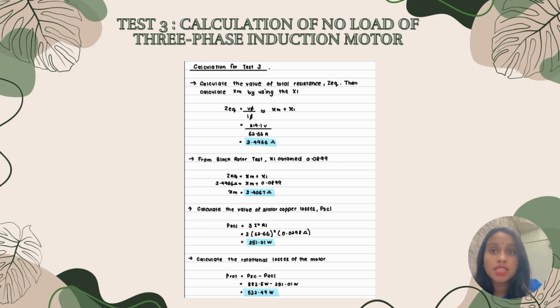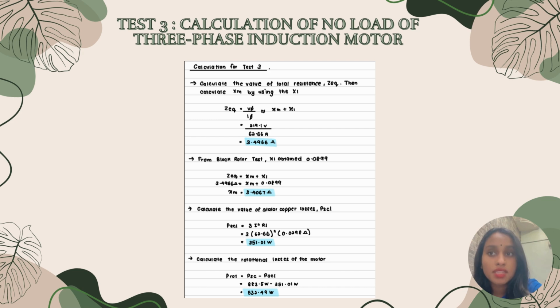Now moving on to test 3, calculation of no load of 3-phase induction motor. So for the first step, you have to calculate the value of total resistance ZEQ, then calculate XM by using the X1. So with the answer ZEQ you will get 3.49660. From the block rotor test, X1 is obtained 0.0899. So XM is equal to 3.4067.